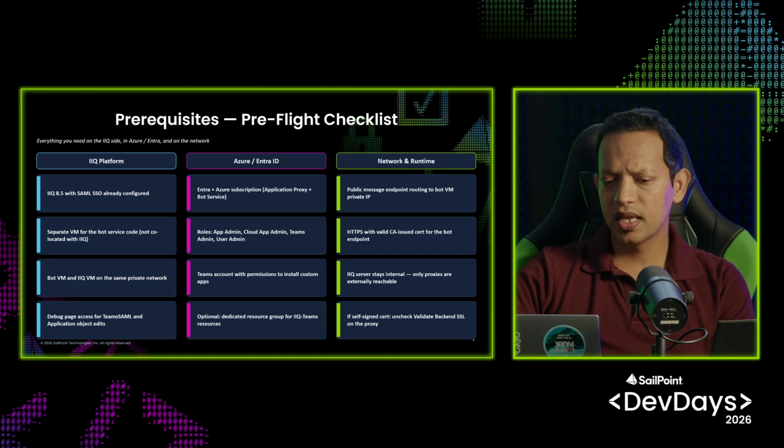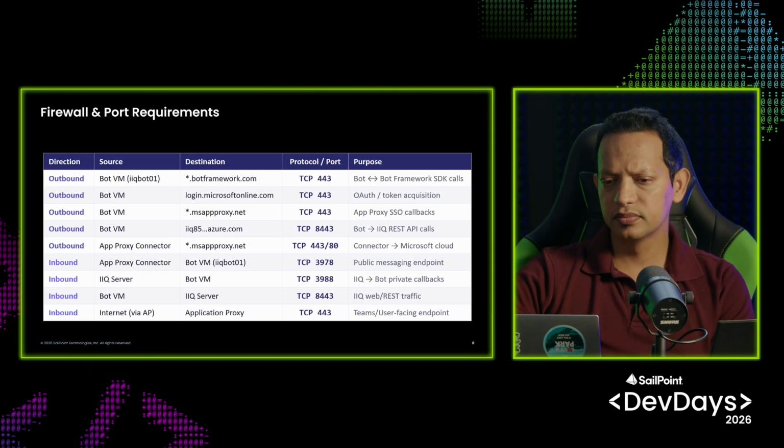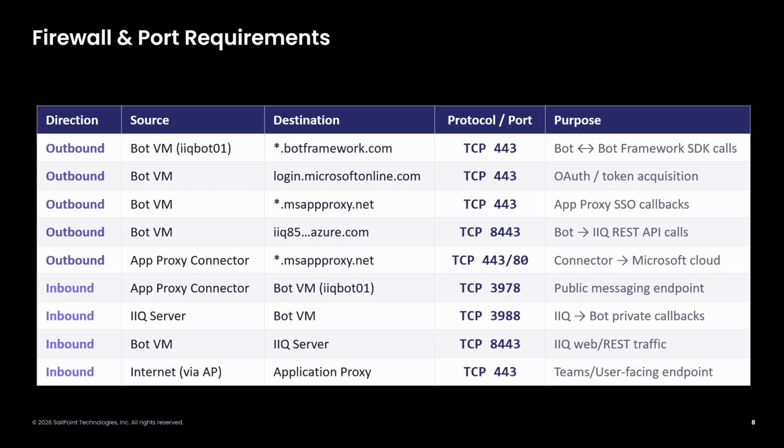Now, the next slide shows you the firewall and port requirements. Since all this communication is internal, there are a couple of ports that need to be opened, or you need to have a firewall rule created for some of these communications.